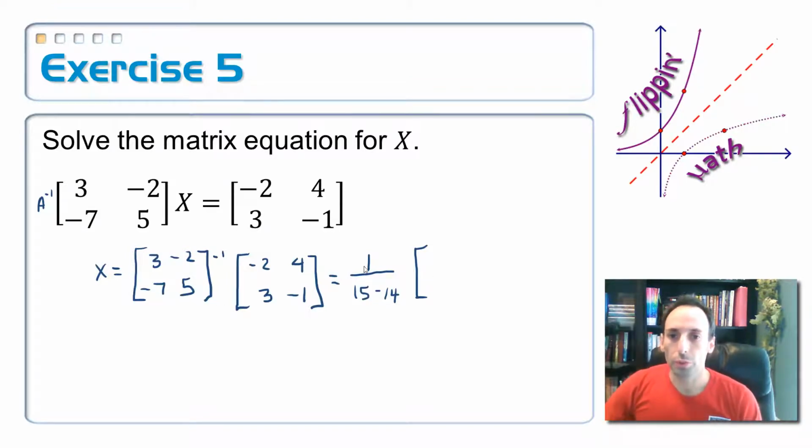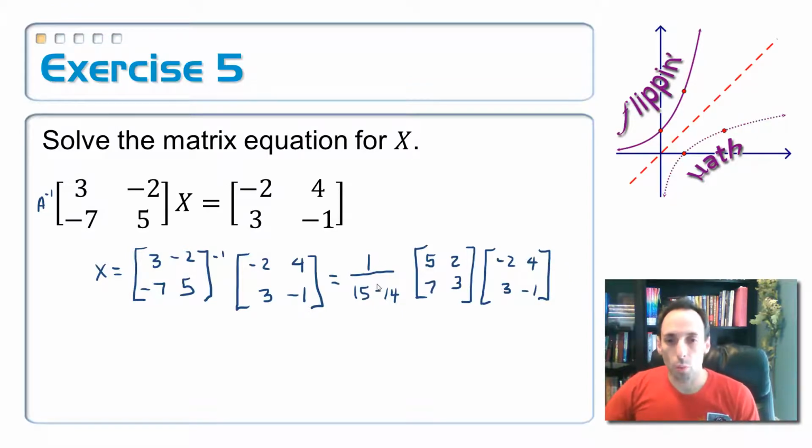The 3 and the 5 switch places, so 5 and then 3. And negative 2 and negative 7 switch signs, so positive 2, positive 7. Now I'm going to multiply that by [-2, 4; 3, -1]. This is just the number 1, so I'm not even doing anything to that. That's actually a nice thing to happen.